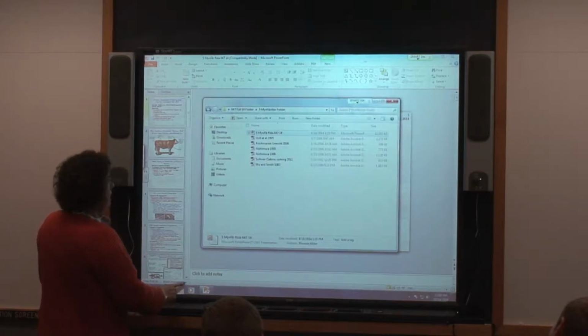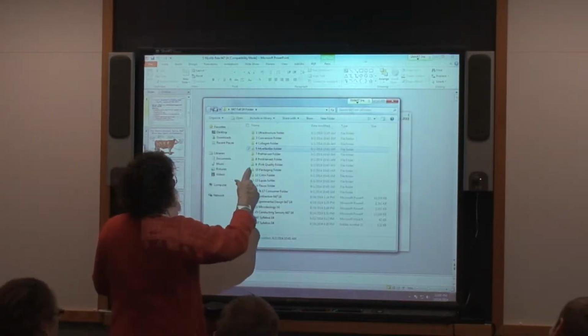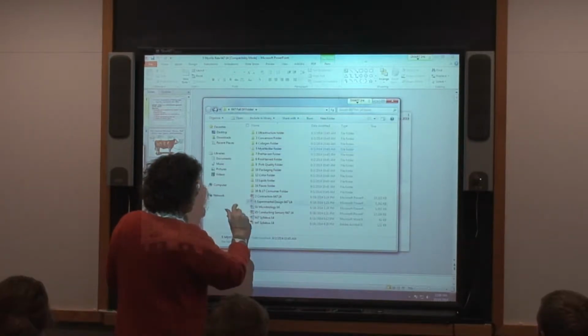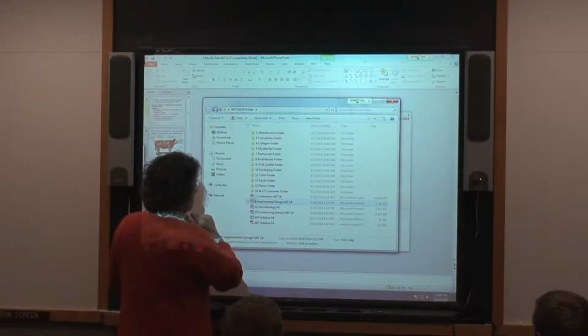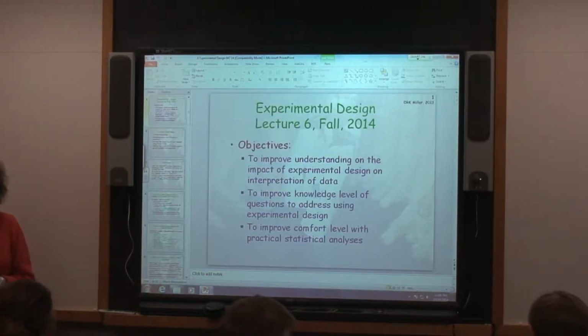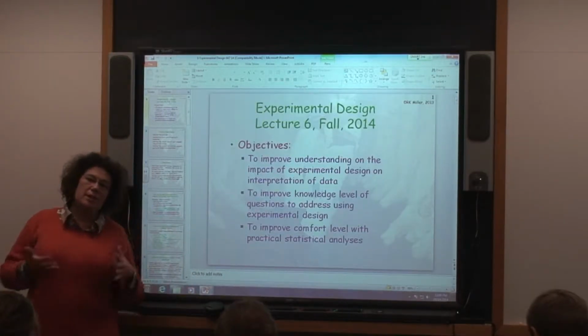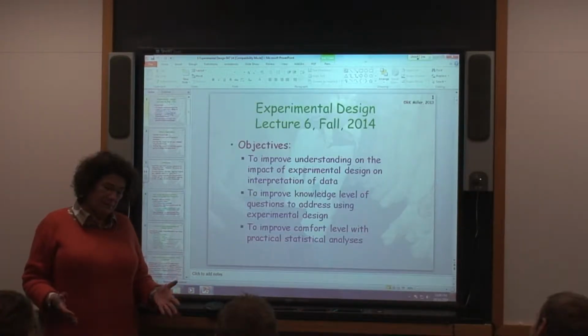I'm going to change a little bit here. I didn't pull it up. Let me see if I can pull it up. Okay, oh, I can. Oh, it's so fun to be able to touch it and something happens. So now we're going to talk about experimental design. I've never known really where to insert this into the class.